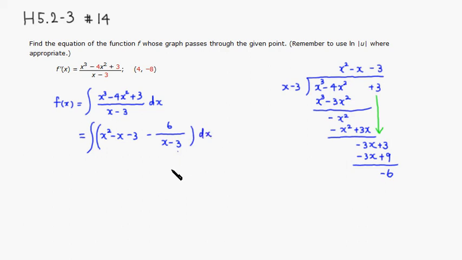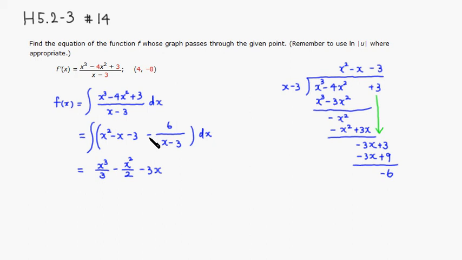The antiderivative of x squared would be easy enough, x cubed over 3. Minus the antiderivative of x, which is x squared over 2. And the antiderivative of negative 3 would be negative 3x.